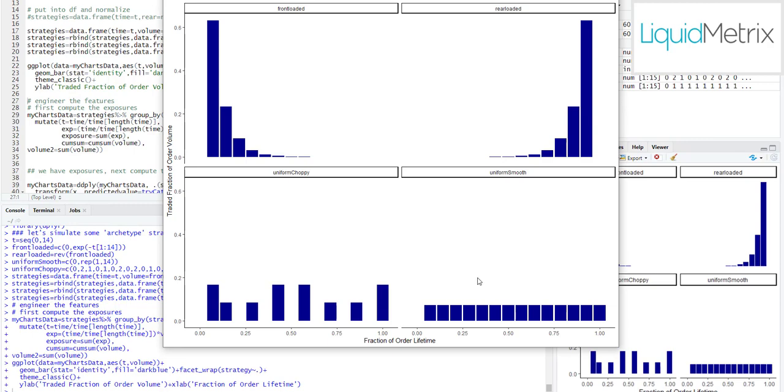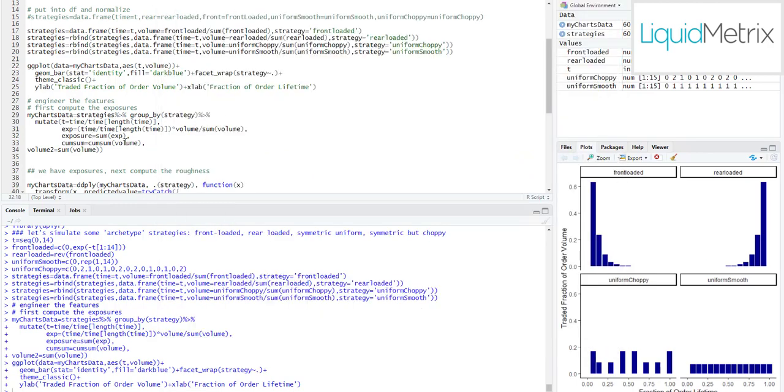So can we come up with some features that we can take these strategies and boil them down into two numbers? The first feature that we're going to compute is what we call the exposure, and we've done that here in our charts data.